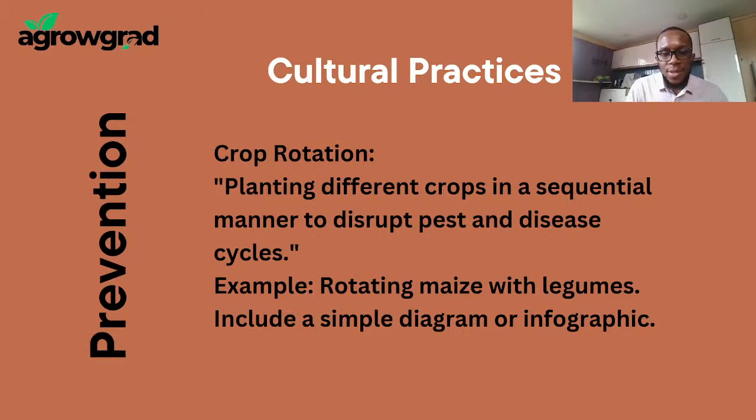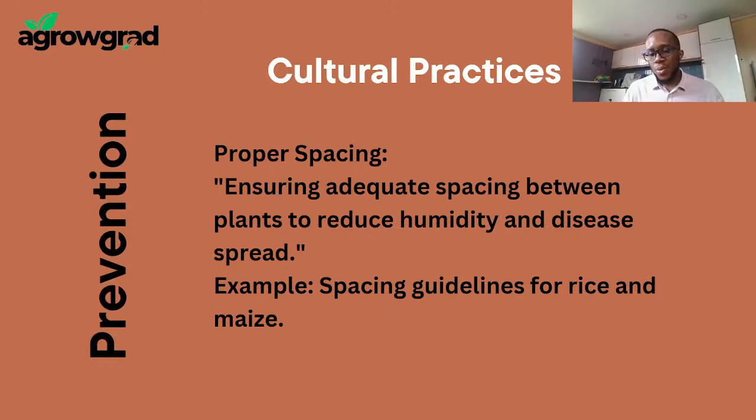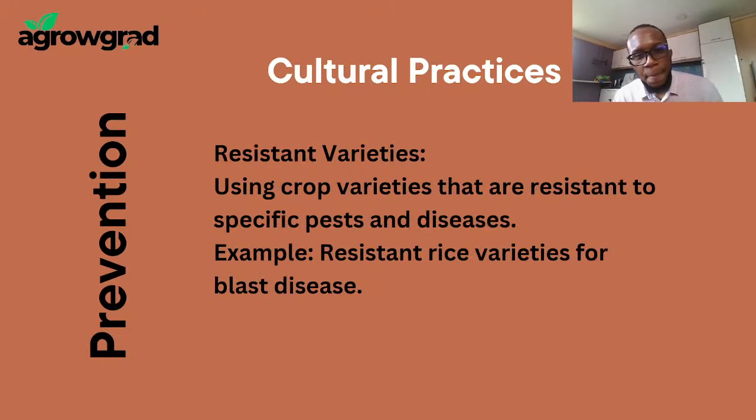If you plant rice for the first season, you can plant a totally different legume that would have different pests that attack that legume. So whatever pests you have in and around your farm will not be able to attack the second crop you plant in your second season, or spread onto your farm.